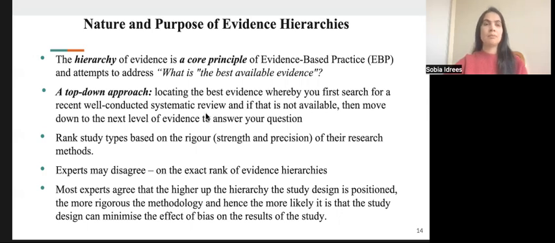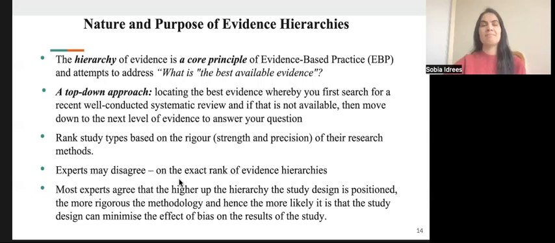So we rank studies based on the rigor, strength, precision, and validity of the research studies. Now, the interesting thing about these levels of hierarchies is that experts may disagree, so there is no exception. They could disagree on the exact rank of evidence hierarchies.